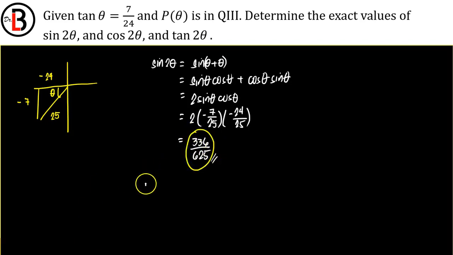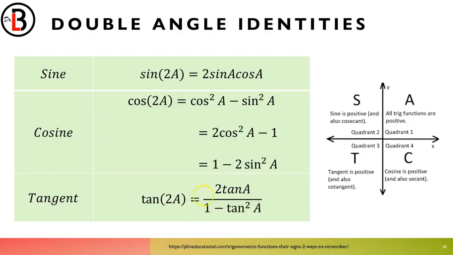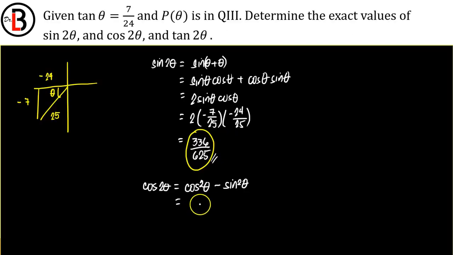Let's follow the formula. Cosine of 2 theta is cosine squared theta minus sine squared theta, which is actually the first one. So I can say here, cosine squared of theta, adjacent over hypotenuse, you have there 24 over 25, negative, square that, and then sine is 7 over 25, that's negative, and then square that.